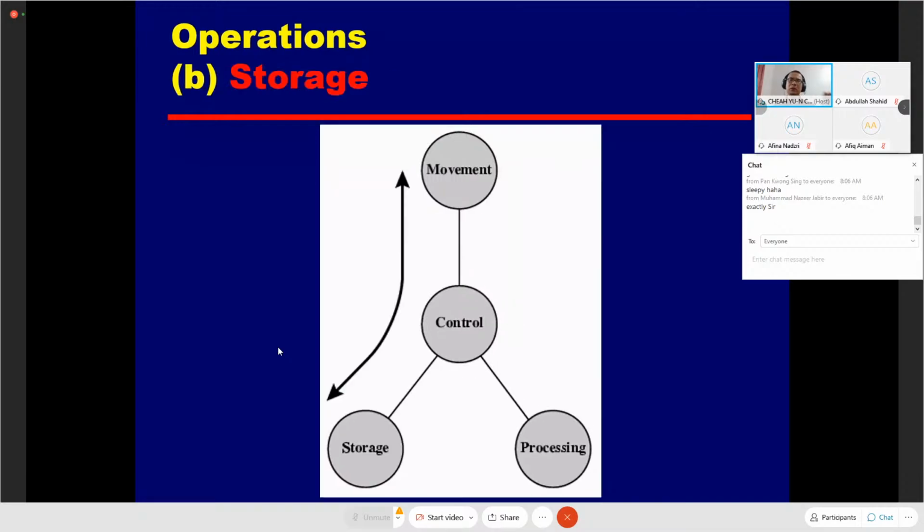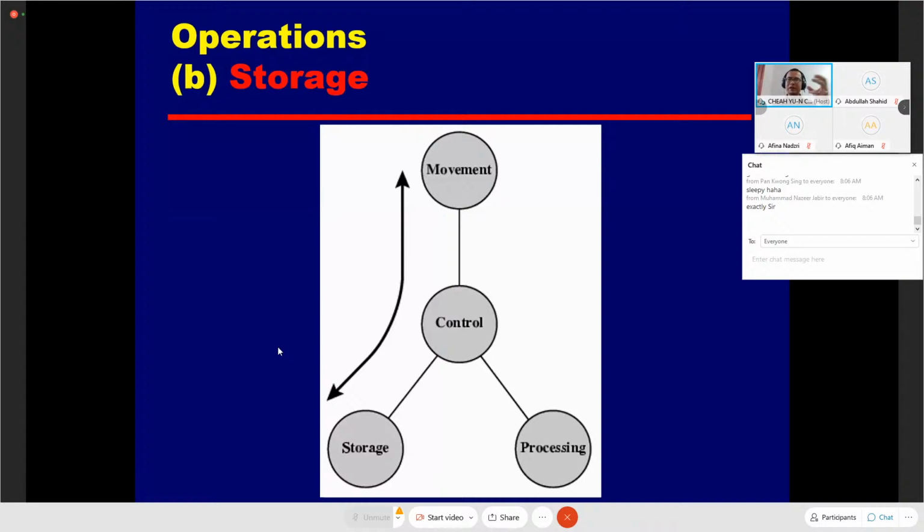Next is the storage operation, the storage function. If you notice, what do you store? Definitely you store data. And this data has to be moved from somewhere before it is stored. Likewise, in this diagram, you see that data is moved to the storage.